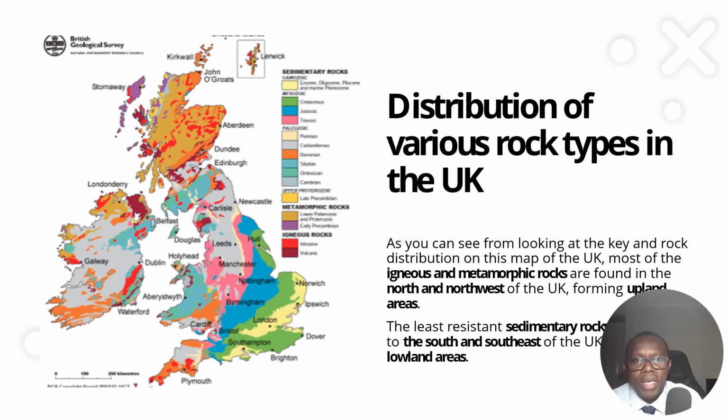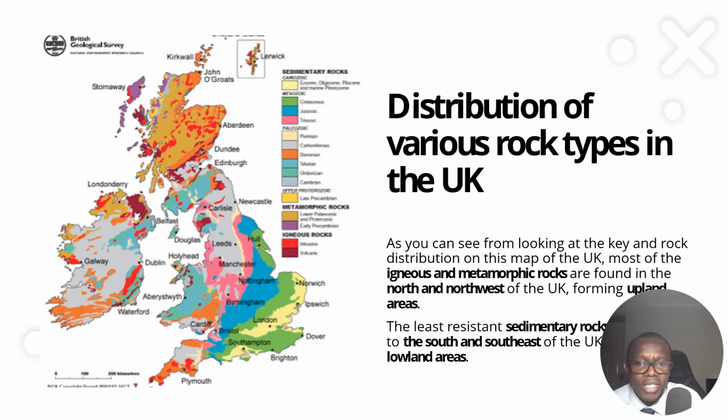So this map here shows the distribution of different rock types across the UK. As you can see from the map, if we look at this area here to the south and the southeast of the UK, we mostly have the sedimentary rock.